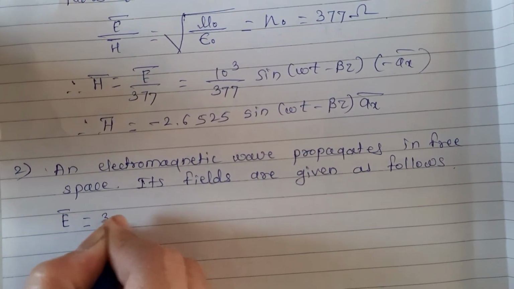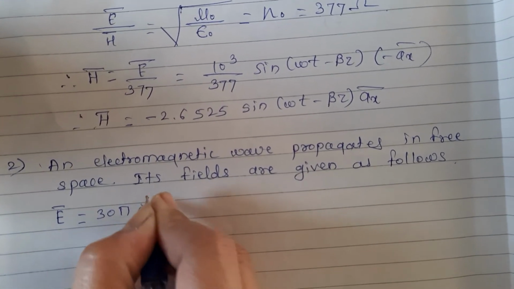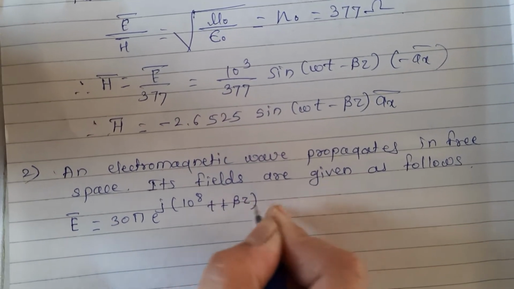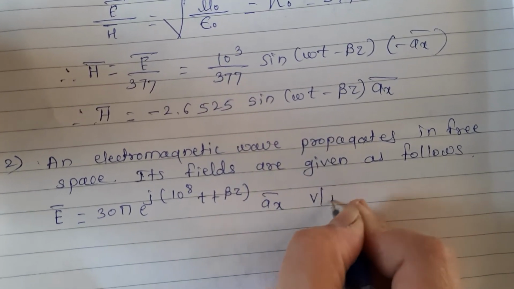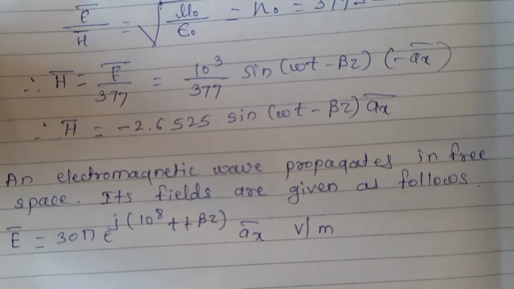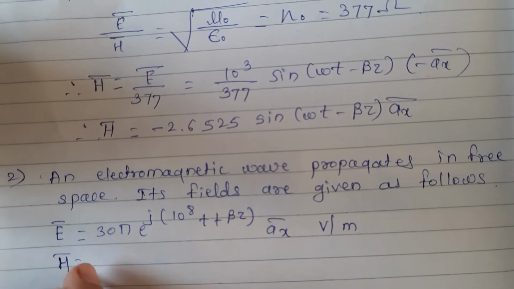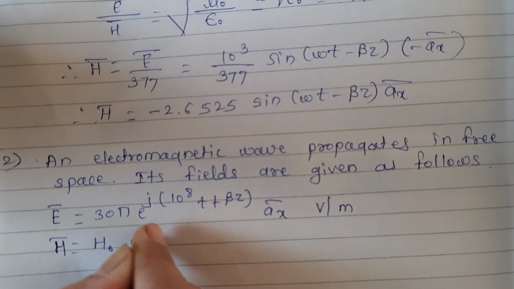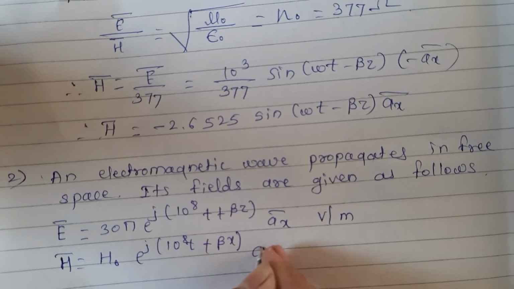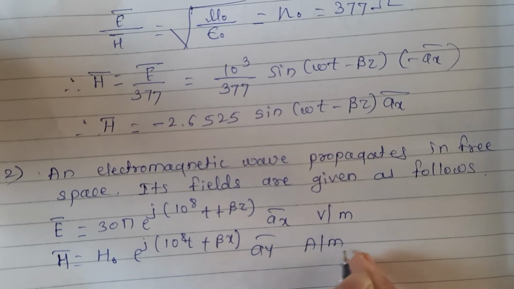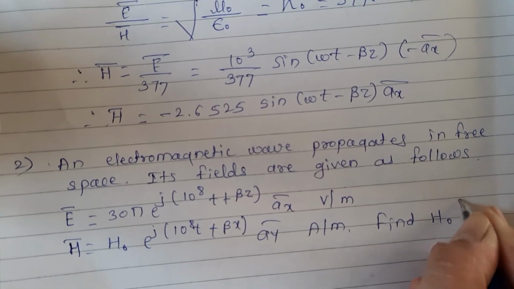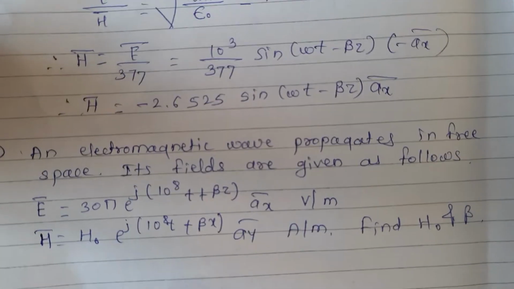E is equal to 30π e^(j(10^8 t + βz)) a_x volt per meter. H is equal to H0 e^(j(10^8 t + βz)) a_y ampere per meter. Find H0 and β.